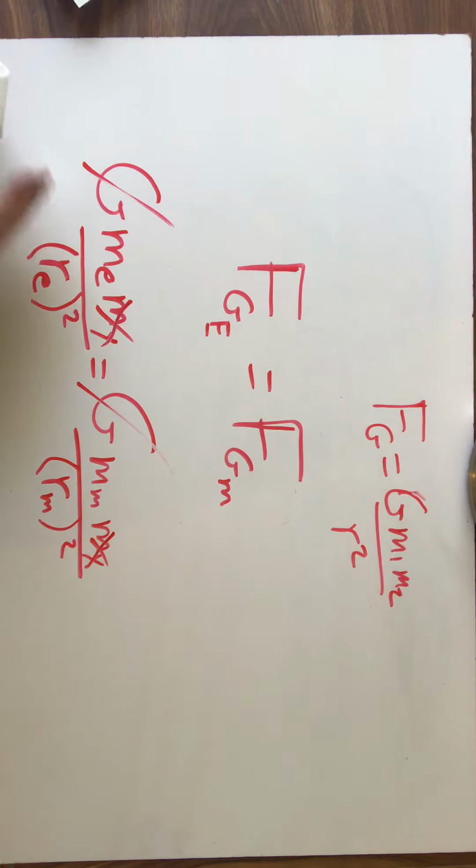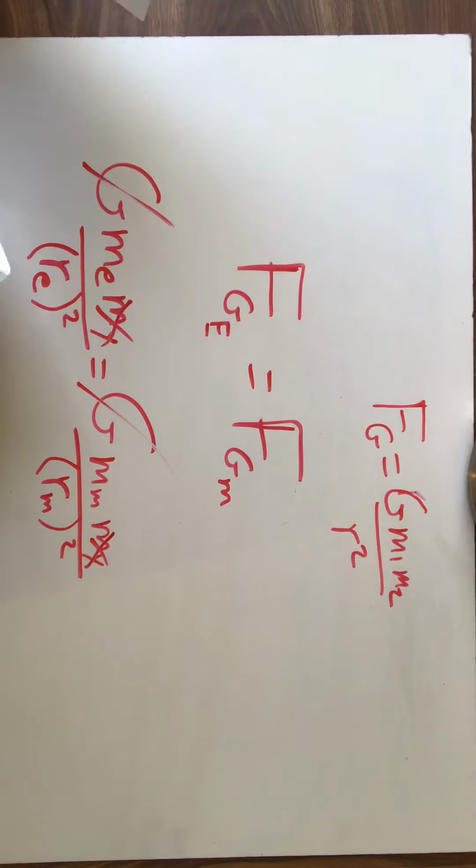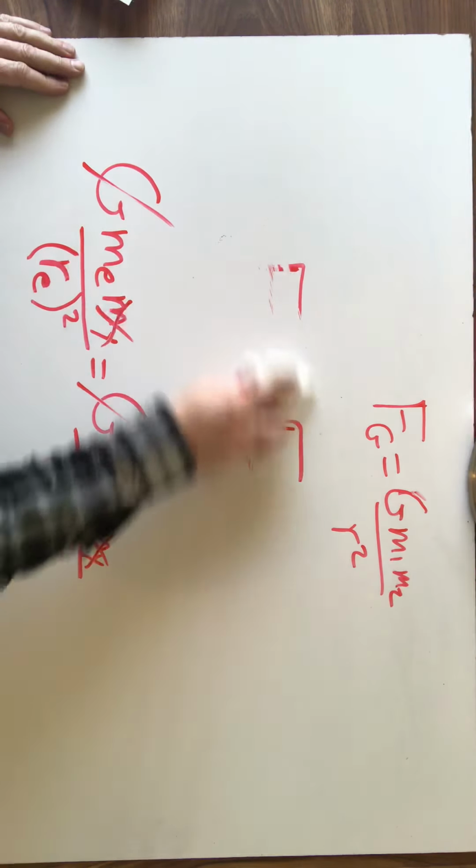Now, let's go ahead and clean this up and solve for the distance. Actually, I forgot what I was solving for. Part B. So I'm solving for the distance from the Earth. Okay, so you want to know how far away you're going to be from the Earth. So let's go ahead and finish solving that.